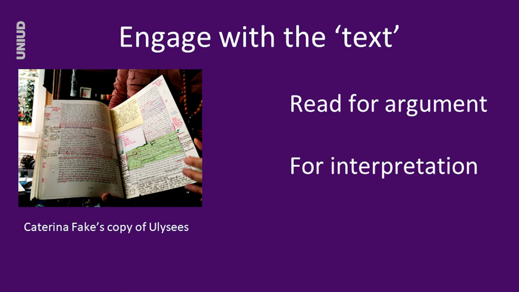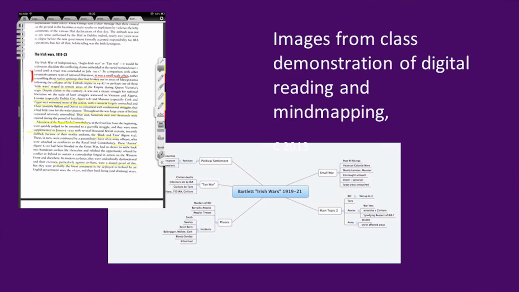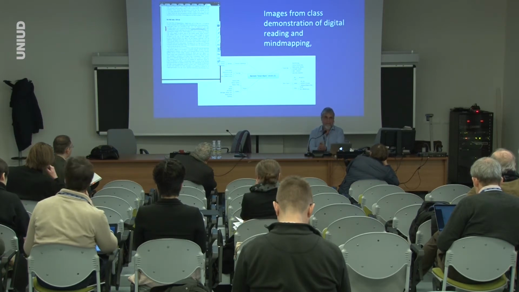I'm going to skitter along here through these. So I get them to mind map in order to distinguish facts from argument and interpretation. And I teach them how to do that but also how to copy stuff. One of the big problems as you go along the workflow is teaching students how to move data between one application and the next.